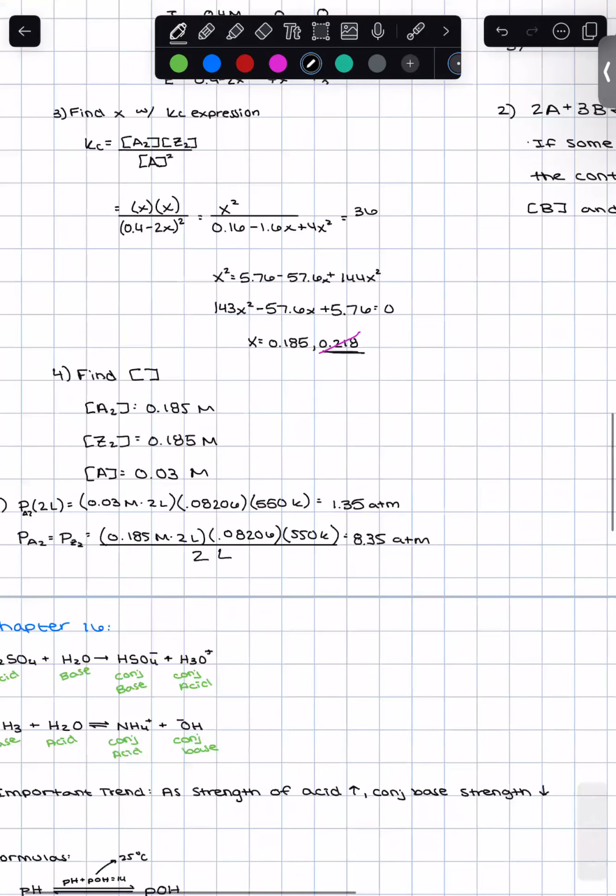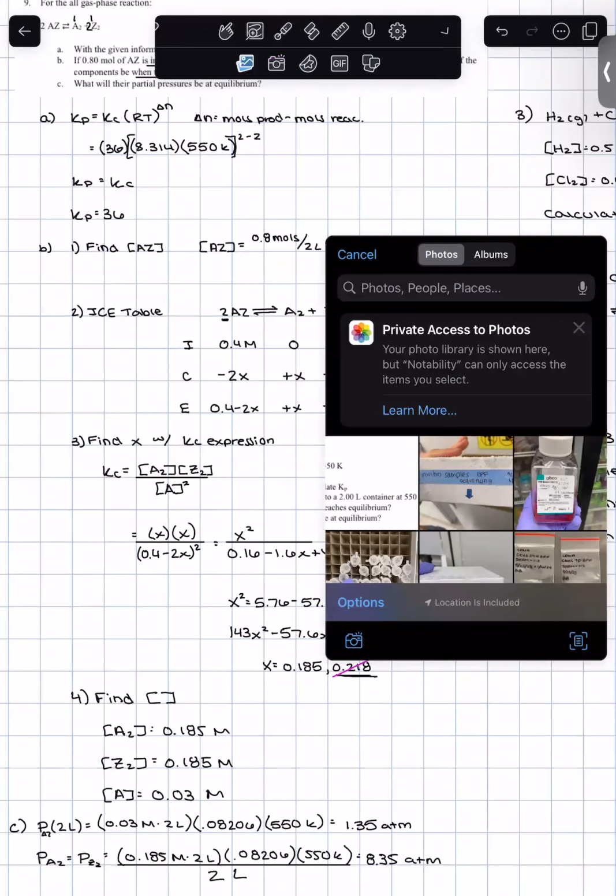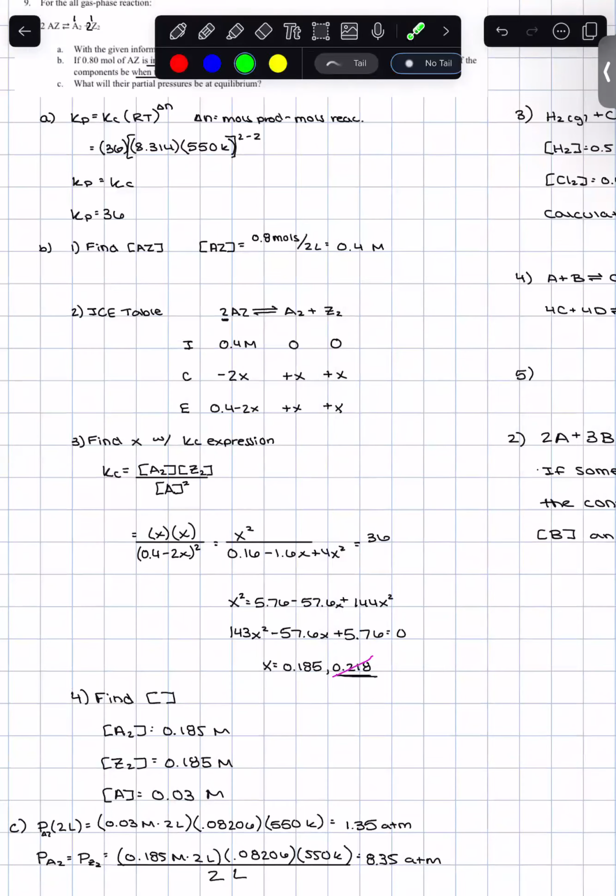What questions do we have? Can you explain why the 2 liters is getting divided because it's on the bottom of the KC? Sorry. Are you talking about this right here? Yeah, like why in the first one is it getting multiplied and then I forgot to.